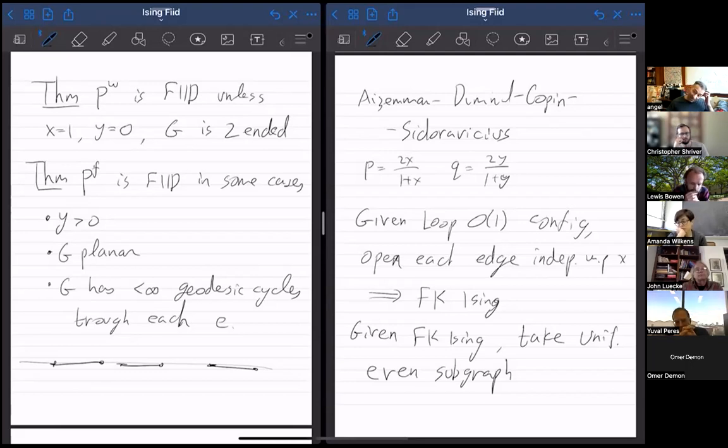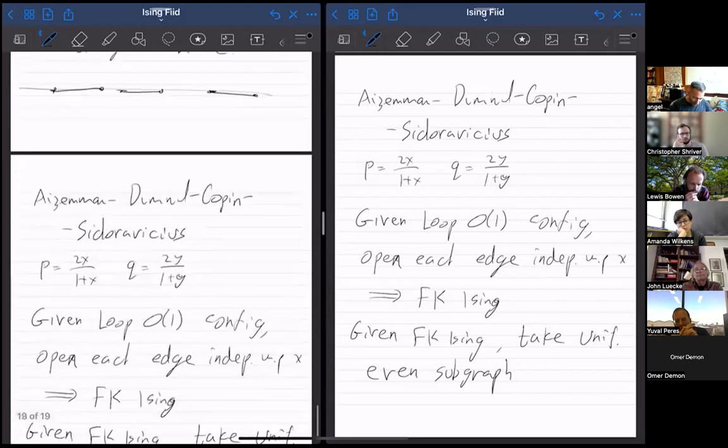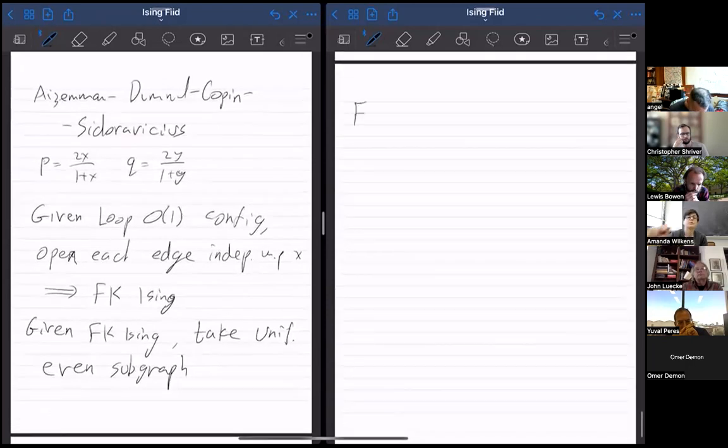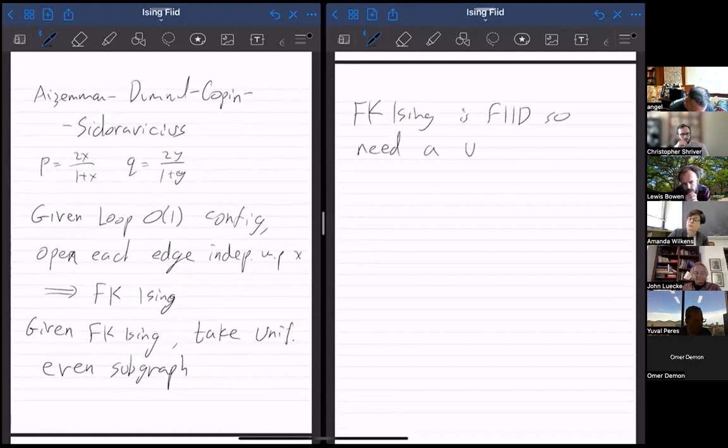So the main step that is needed: FK Ising is a factor of IID, so we need a uniform even subgraph as a factor of that.